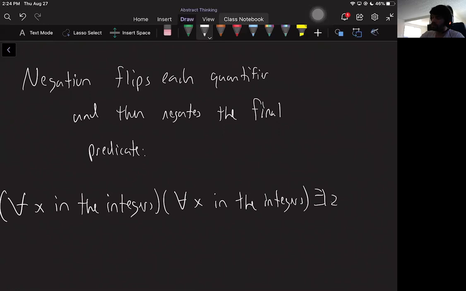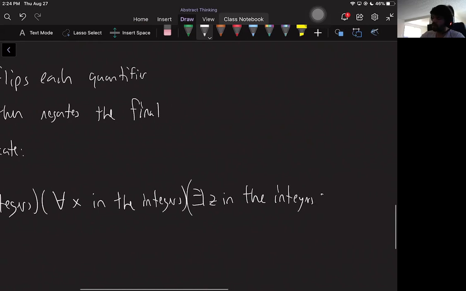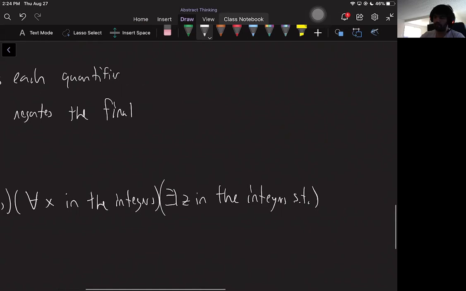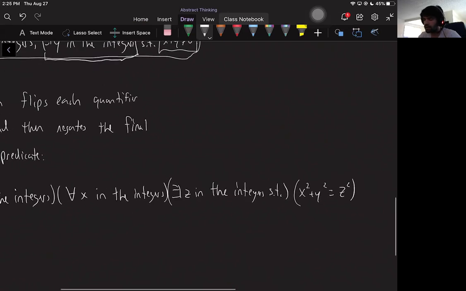There exists a z in the integers such that x squared plus y squared equals z squared. Okay, so I'm just writing parentheses to separate it, but you don't have to do that.